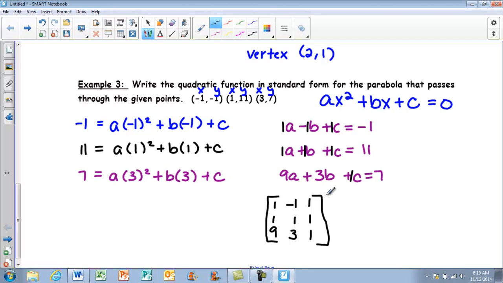Then remember, in your calculator you're going to take the inverse of that times the constants on the other side. So 1, 11, and 7. When you solve here, you get 2, 6, and 7.